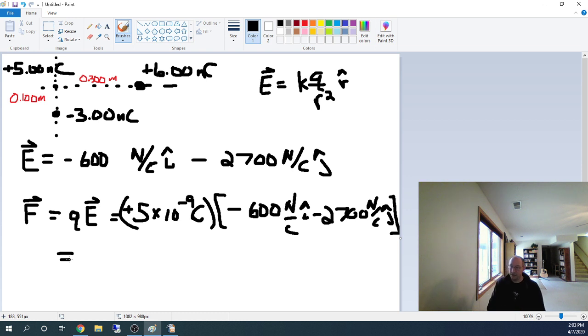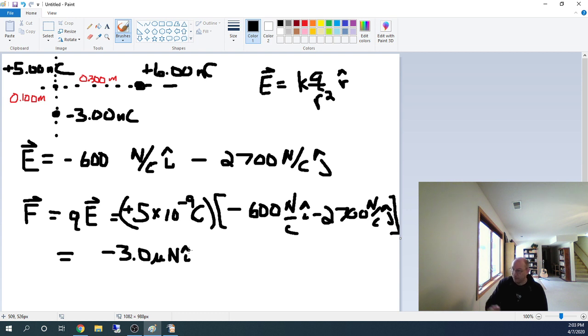The x component would be 600 times 5 times 10 to the minus 9. It would be 3 microcoulombs with a minus sign in front of it, so minus 3.0 micronewtons, 10 to the minus 6 newtons.